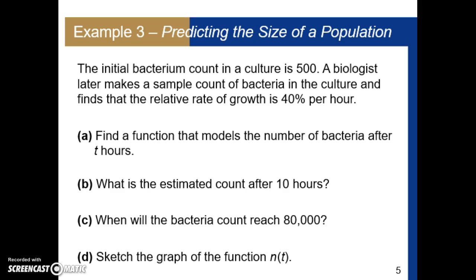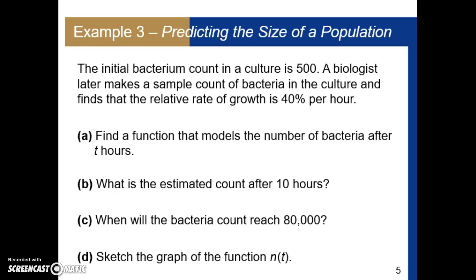Then it says, what's the estimated count after 10 hours? So we'll use the model to answer that question. When is a time question. This is asking for time. When will the bacteria count reach 80,000? So when will the current population, that's y, at what time will y equal 80,000? And then it says to sketch the graph of the function.